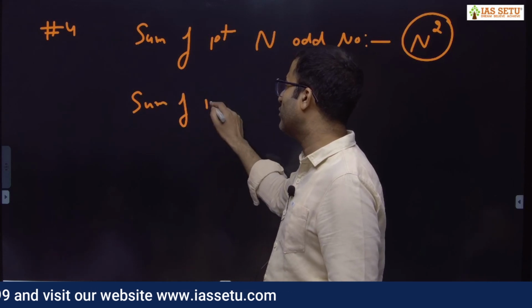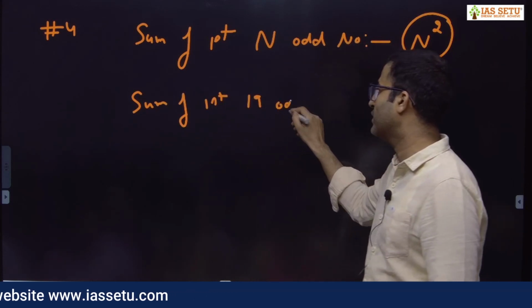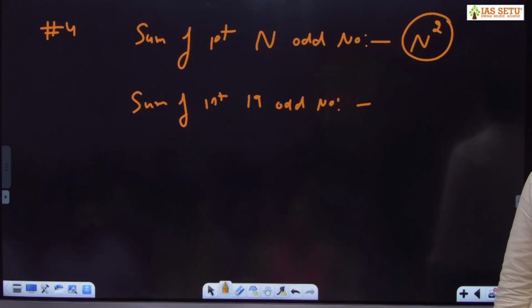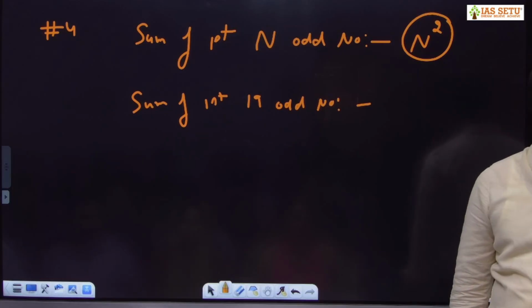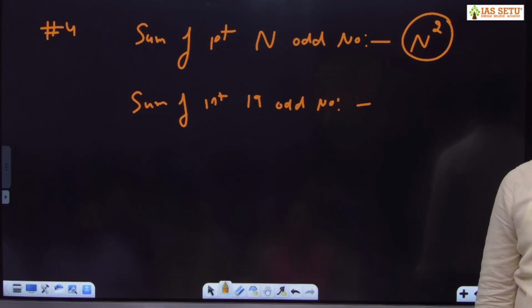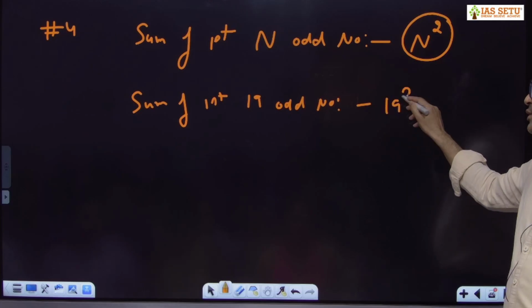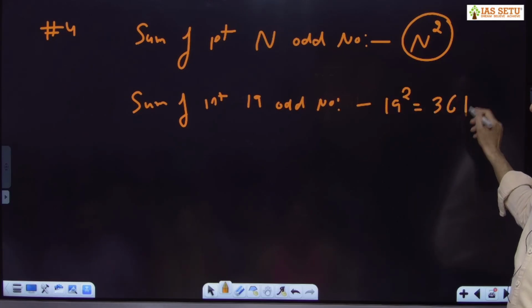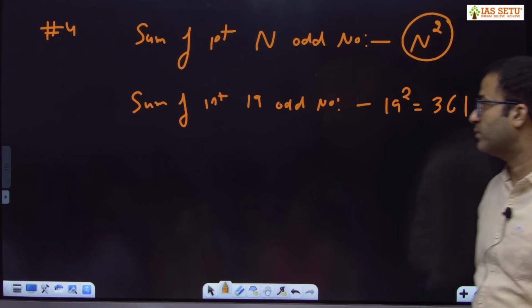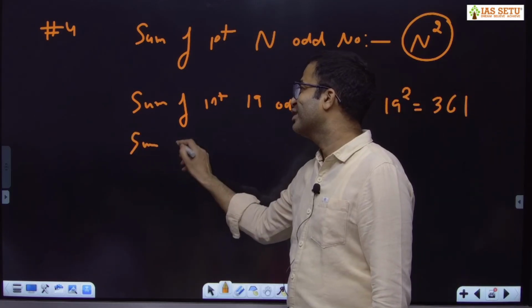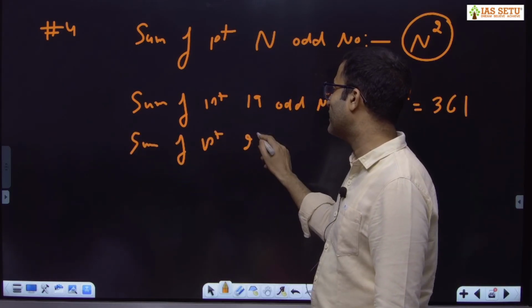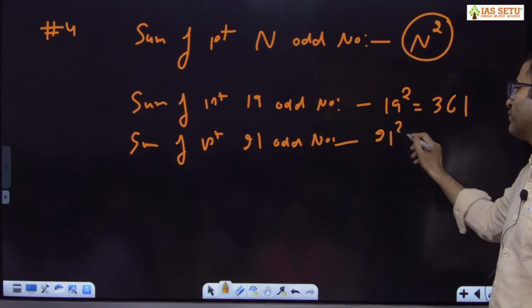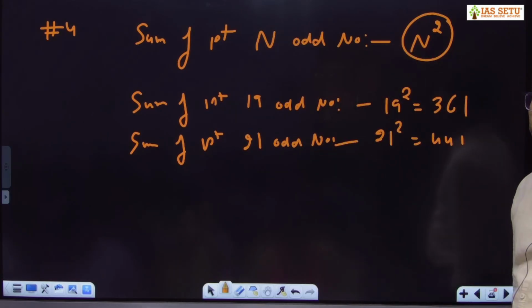Tell me what is the sum of 19 odd numbers. 19 square. What is 19 square? 361. Sum of 21 odd numbers: 21 square, which is 441.